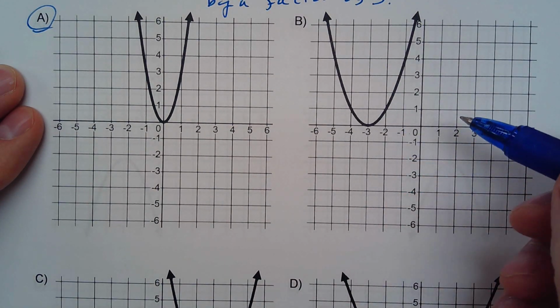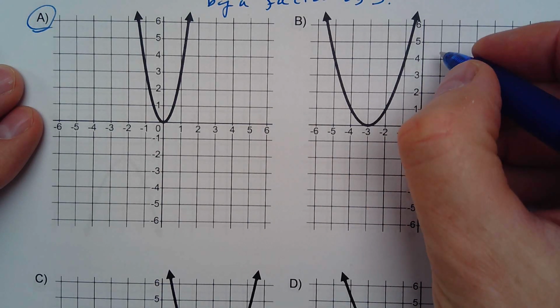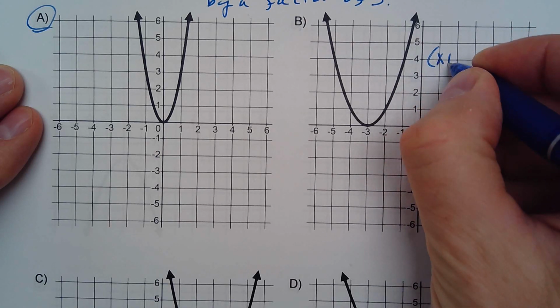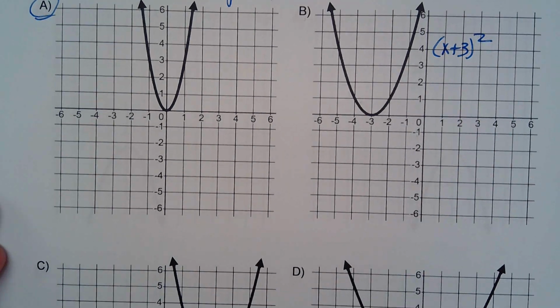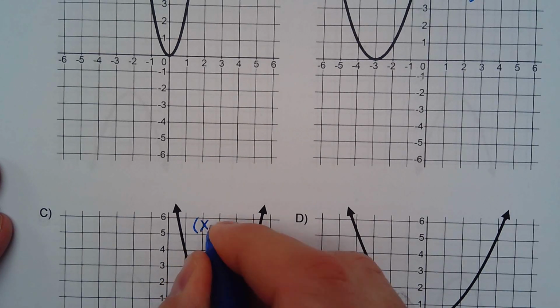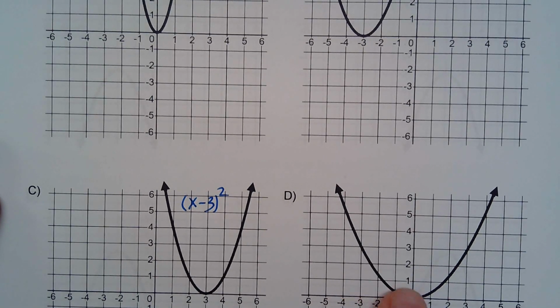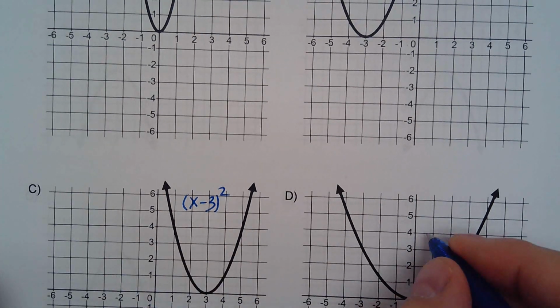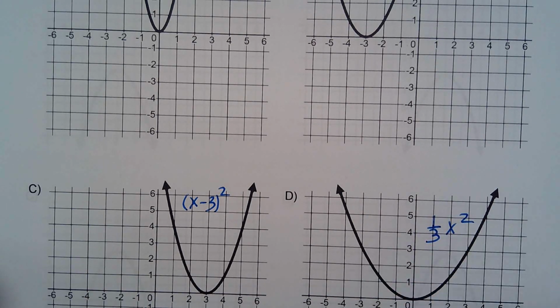This would be shifted to the left 3, so that would have been x plus 3 squared. This would have been shifted to the right 3, so that would have been x minus 3 quantity squared. And this one's been flattened out, so this would have been 1/3 x squared.